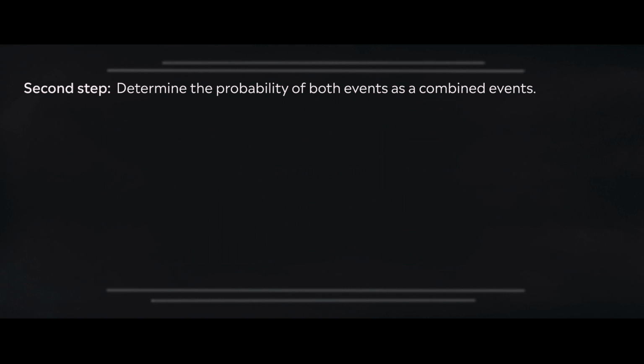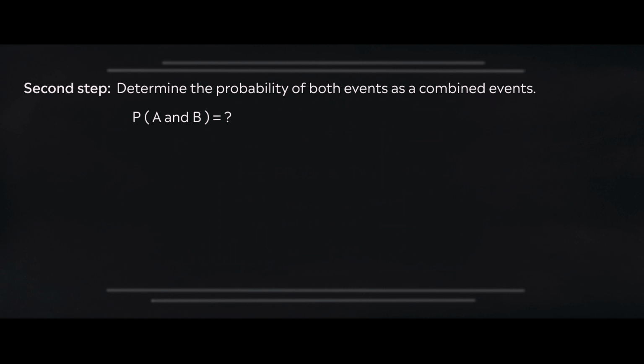So that is the probability of A and B. You have to take it as a combined event, that is, getting 1 in the first roll and getting an even number in the second roll.